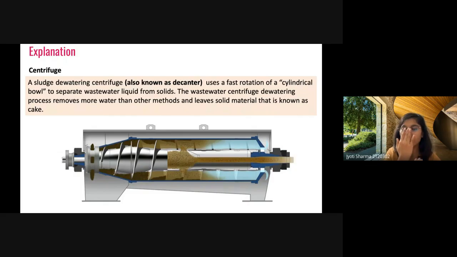So this is very effective to separate solid and liquid from the sludge, right? And this process is also known as decanter. So you have learned a lot of things about dewatering. RDVF we had, centrifuge we had, then horizontal belt, then filter press. A lot of methods we have already discussed about dewatering, right?